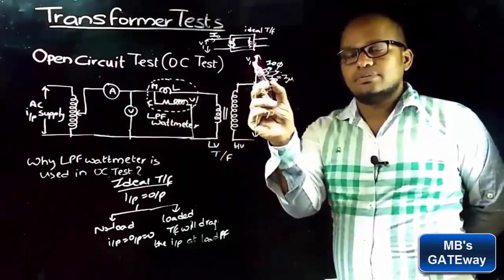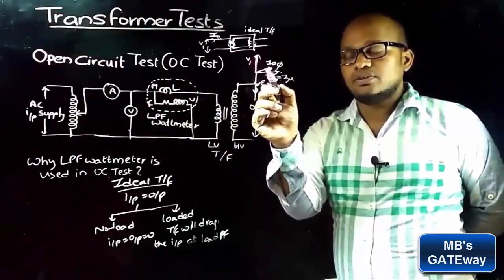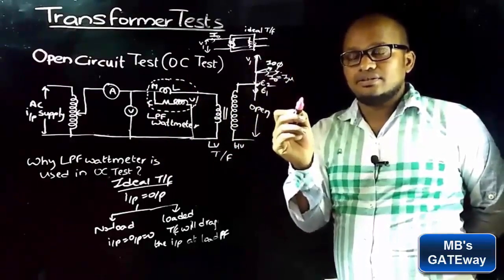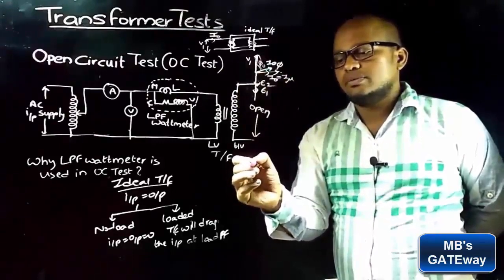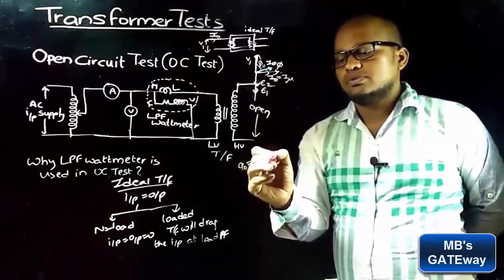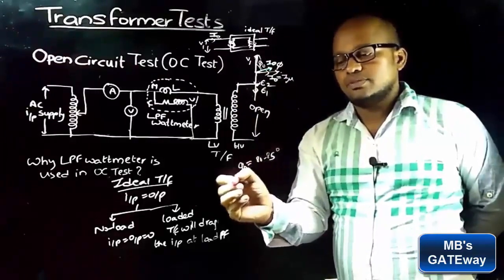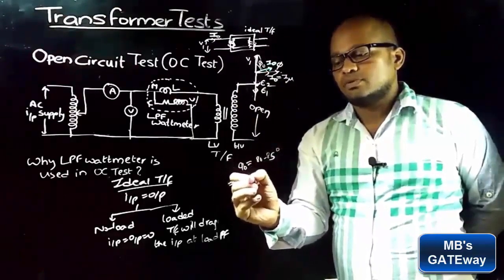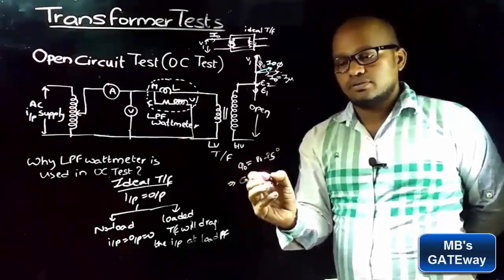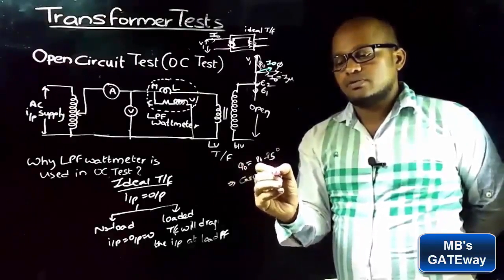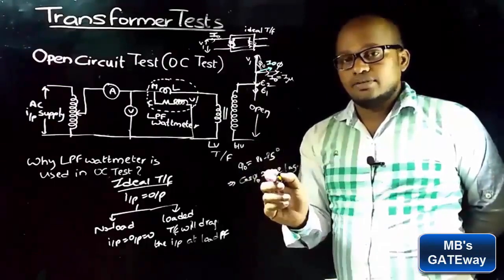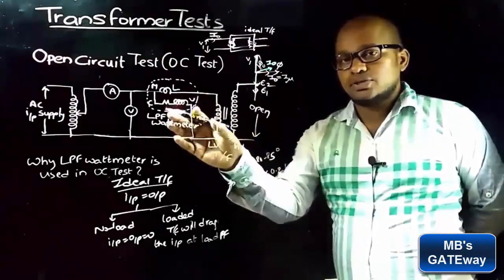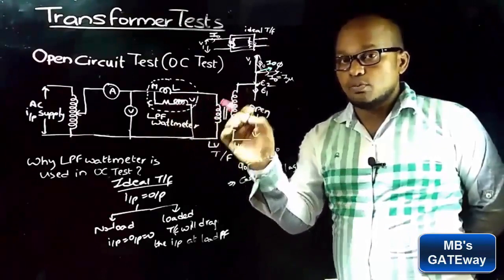So, as the angle between the input voltage V1 and I0 is less than 90 degrees, which means the no load power factor angle phi naught will be around 80 to 85 degrees, which means no load power factor is around 0.2 lag. That will imply that the primary circuit of no load transformer is at low power factor.